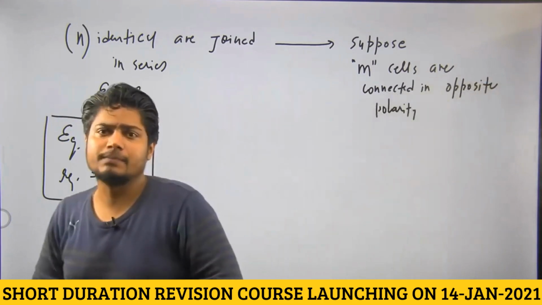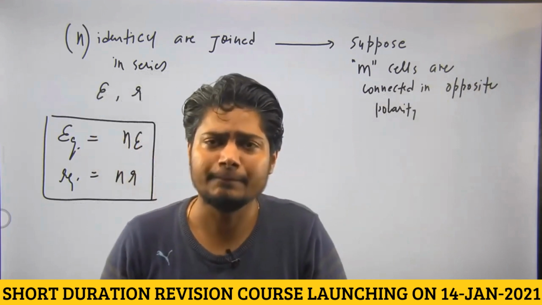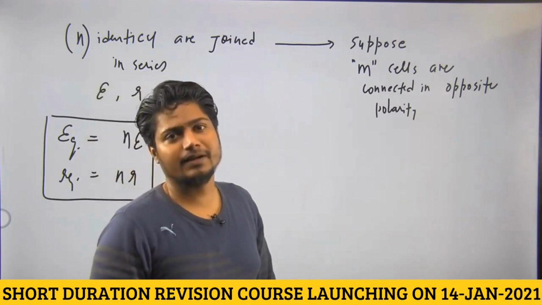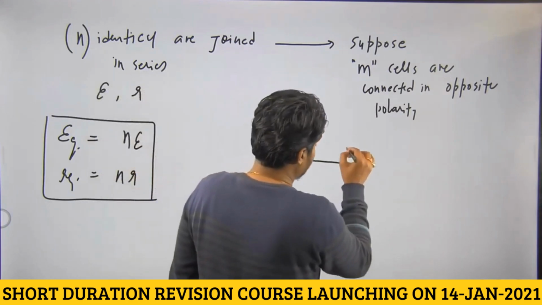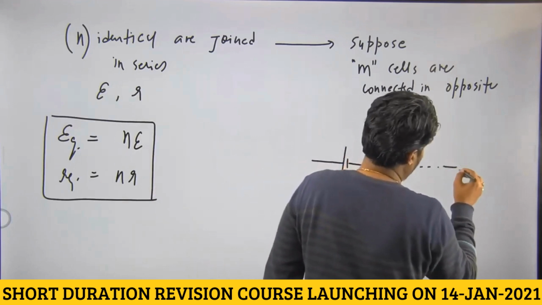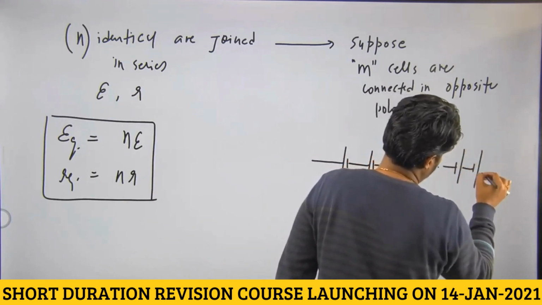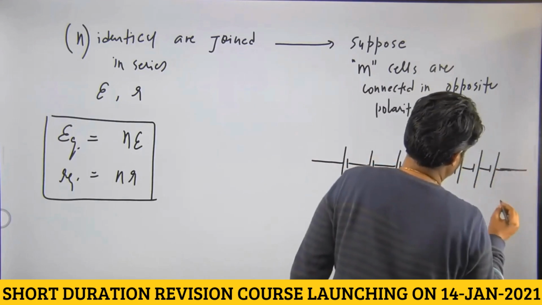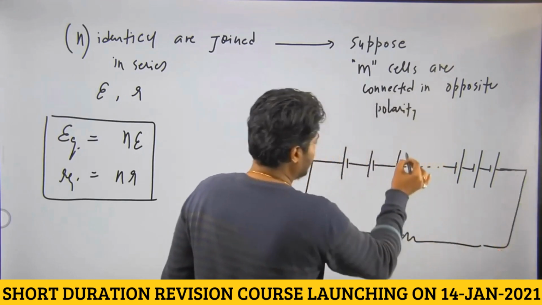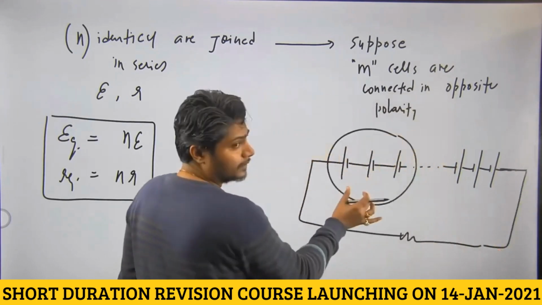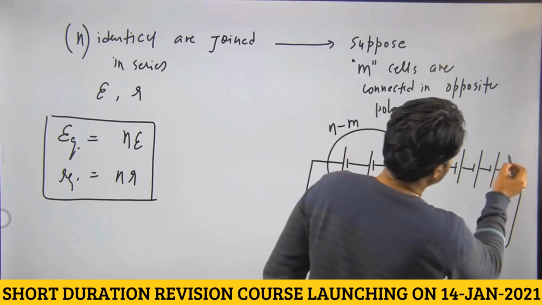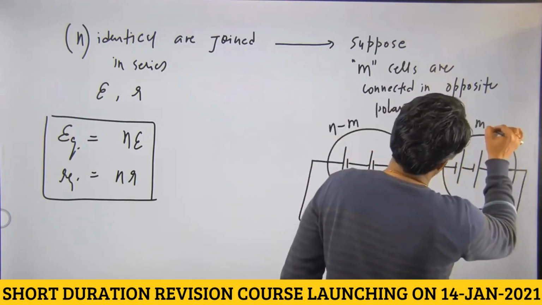So if you connect M cells in opposite polarity, of course M is a very small number as compared to N, M is less than half of N, you can assume, then what will be the net effective EMF? Suppose this is the circuit, this is the external resistance R. These are the cells which are connected in the same polarity, N cells, out of which M are connected in opposite polarity. So these are M cells connected in opposite polarity.